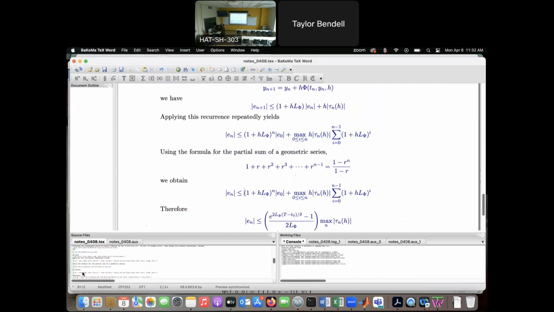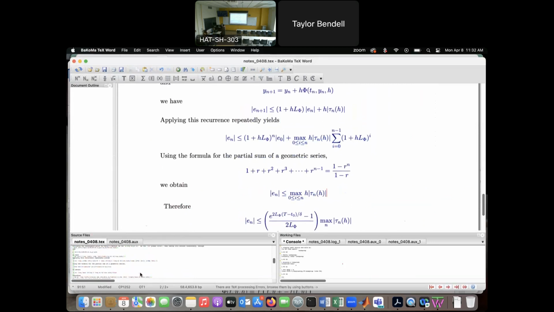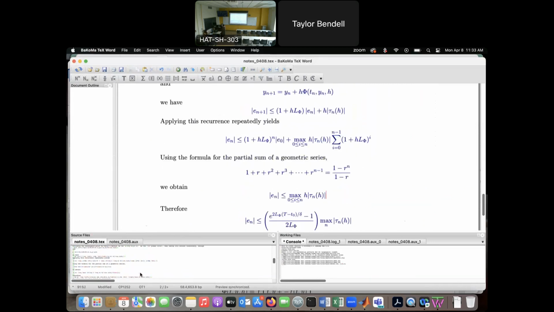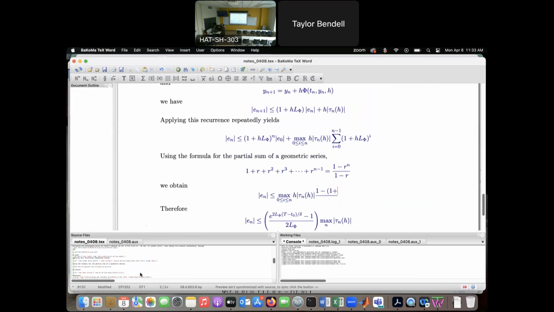Okay, this part is 0 because E0 is 0. And then this summation becomes, okay, so we have 1 minus 1 plus HL phi the n.